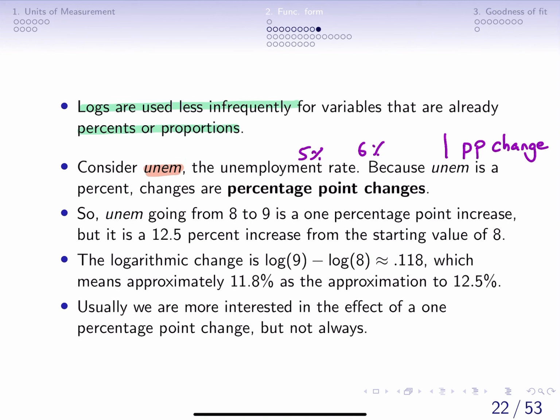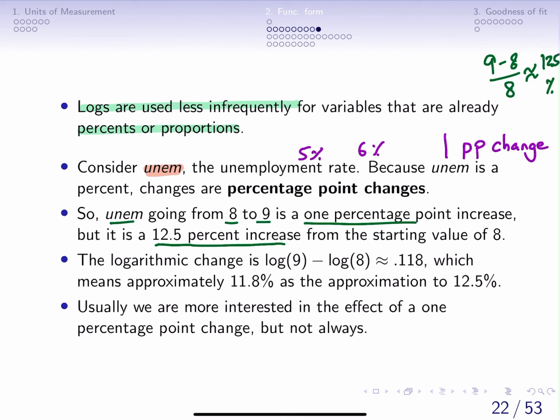Notice here, when we say unemployment is going from 8 to 9, if it's already measured in percentages, that's a 1 percentage point increase. But really, if you do 9 minus 8 over 8, you would see that this is approximately a 12.5% increase.